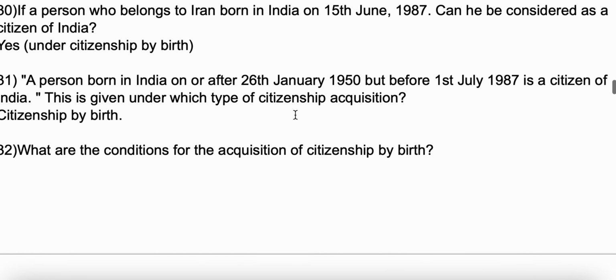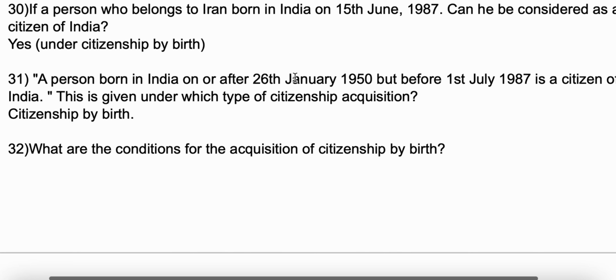A person born in India on or after 26th January 1950 but before July 1st, 1987 is a citizen of India. This is given under which type of citizenship acquisition? So here they said he is born in India. So under citizenship by birth, he will be given citizenship.